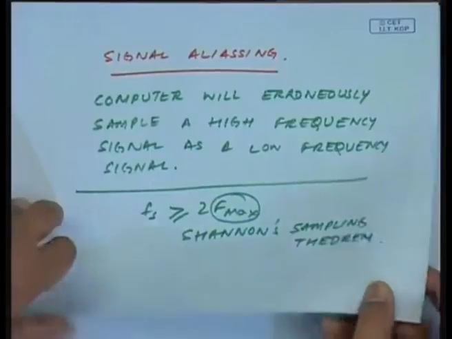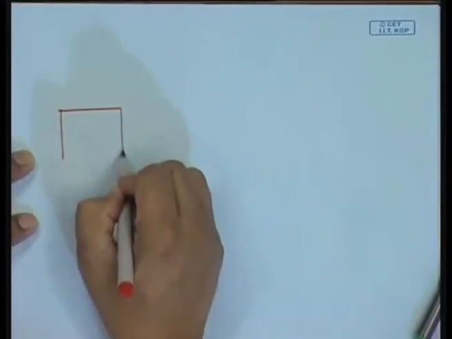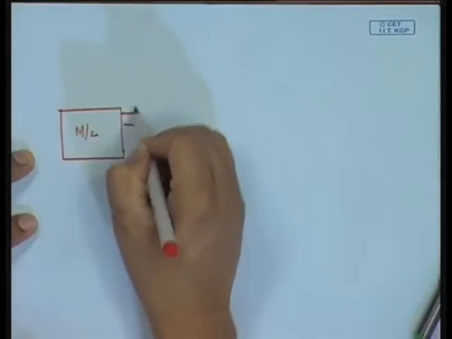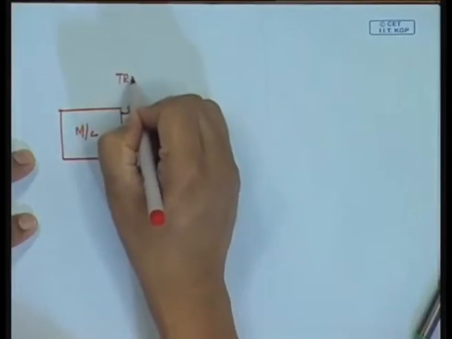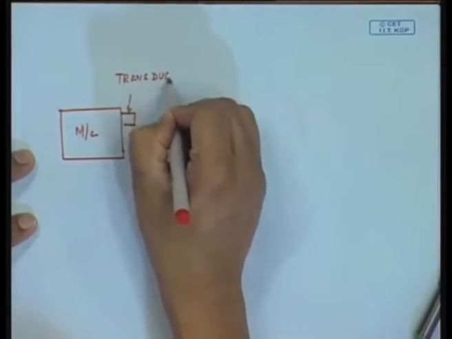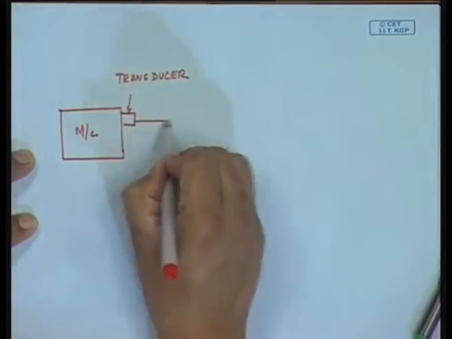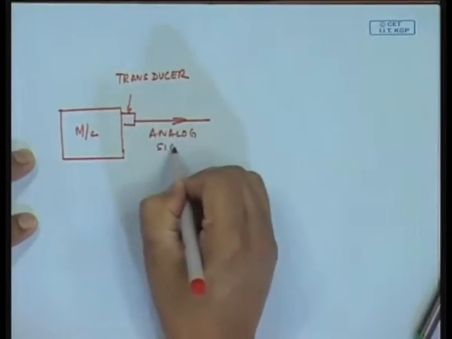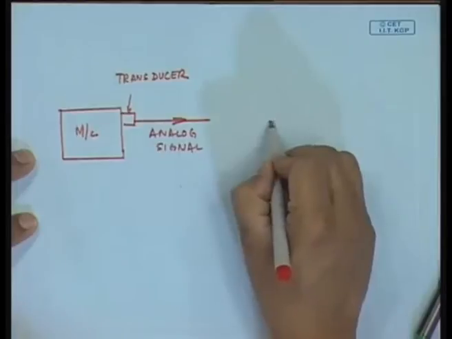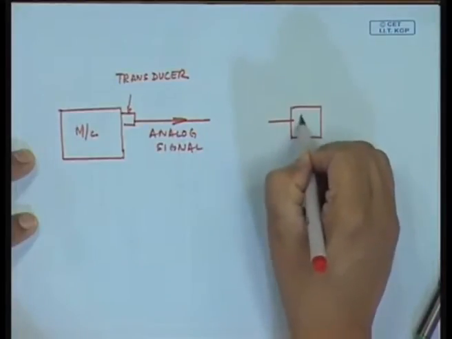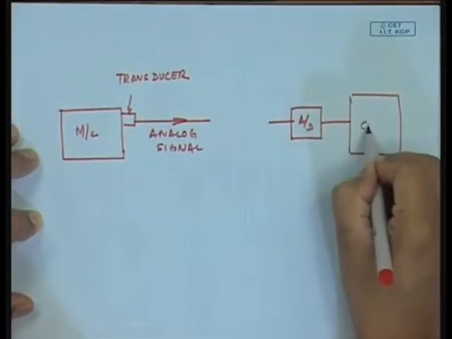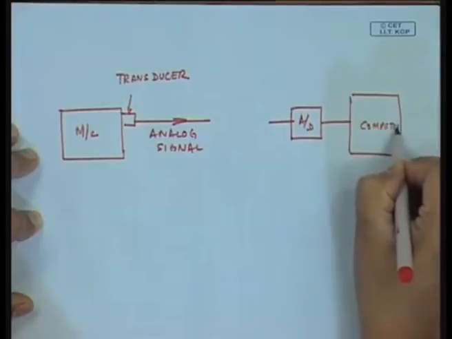So, we have to do a little hardware modification to this, in the sense, this is my machine. I have put my transducer. I am having this analog signal, and then I am having my A to D converter, and then I am having a digital signal computer where all this data is being stored and analyzed.